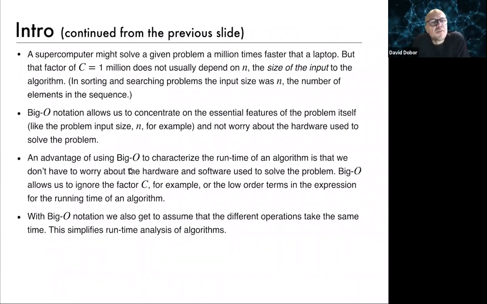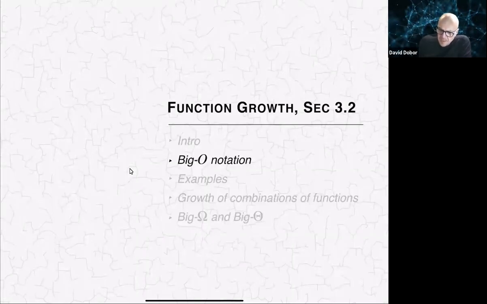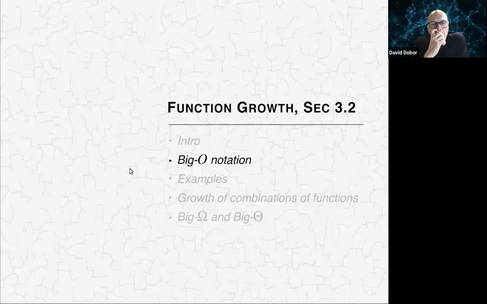This is more than 30,000 feet, an overview from the stratosphere of what big O is all about. Right. So now we'll have to be a little bit more concrete about big O. So let's get started with the definitions. Any questions so far? Now we'll actually do some math, right? More interesting things.